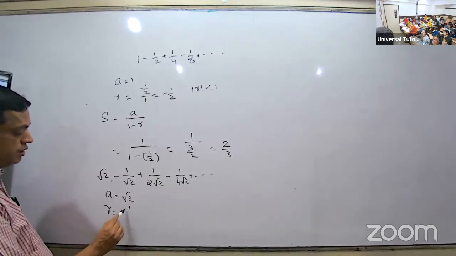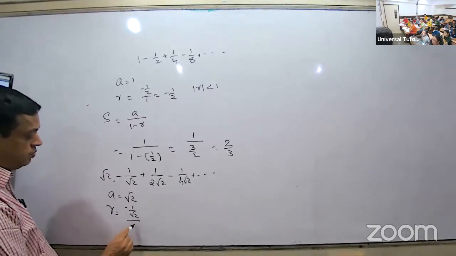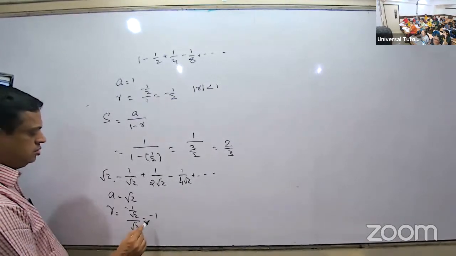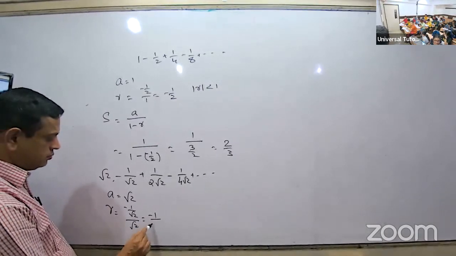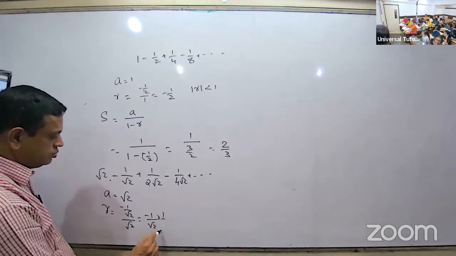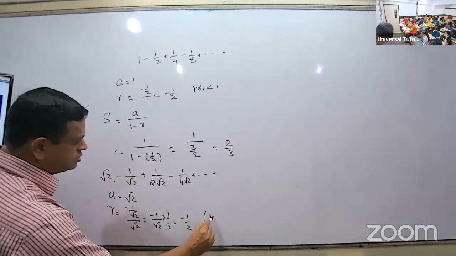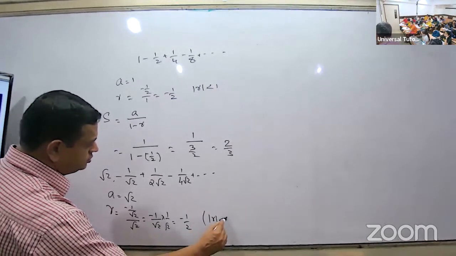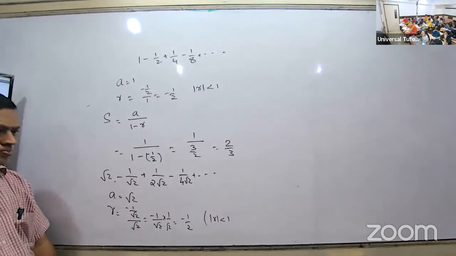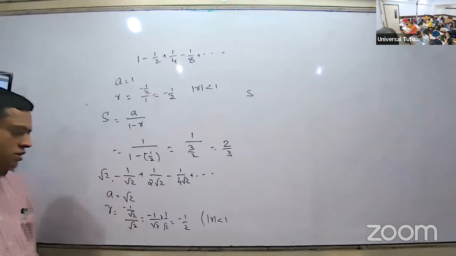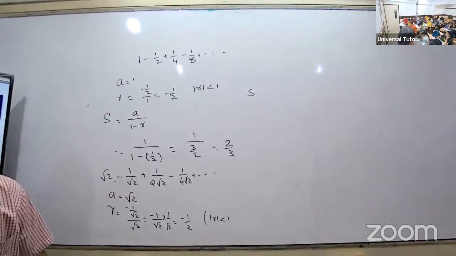How did you get it? Minus 1 upon root 2 divided by root 2, that is into 1 by root 2 reciprocal, that is minus 1 by 2. So mod R is less than 1. So the sum S is equal to the formula A upon 1 minus R.